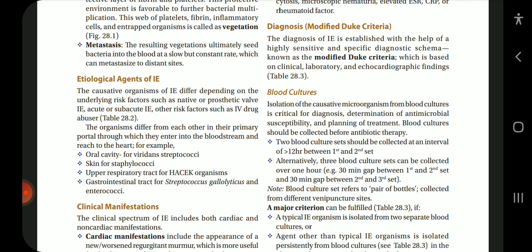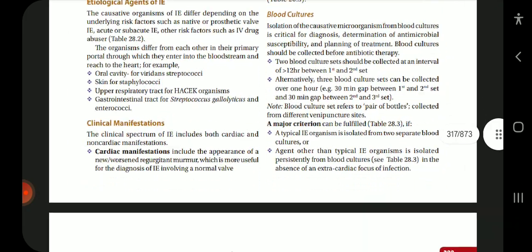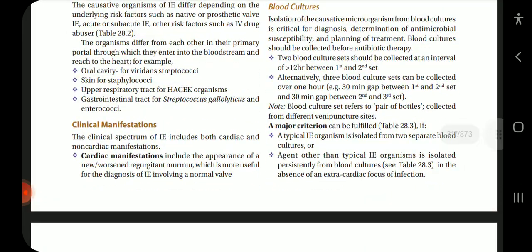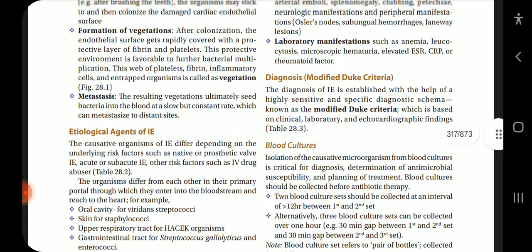Okay. Coming to the clinical manifestations, the clinical spectrum of infective endocarditis includes both cardiac and non-cardiac manifestations. The cardiac manifestations include the appearance of a new or worsened regurgitant murmur, which is more useful for diagnosis of infective endocarditis involving a normal valve.